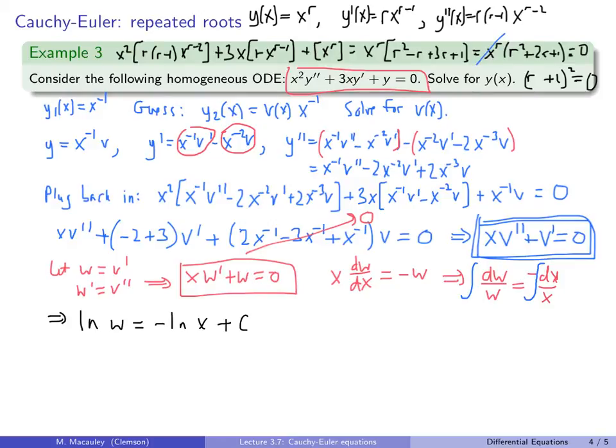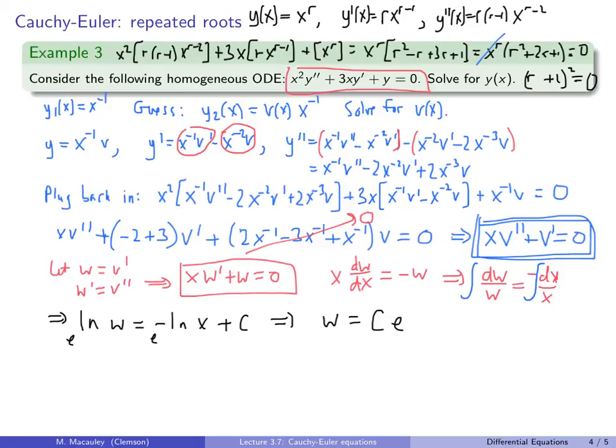Did I do things correctly? I think so. So from here, let's exponentiate both sides. The left side is w, and the right-hand side is, we can always move the c down, c times e to the, let's get really careful with these negative signs in here.